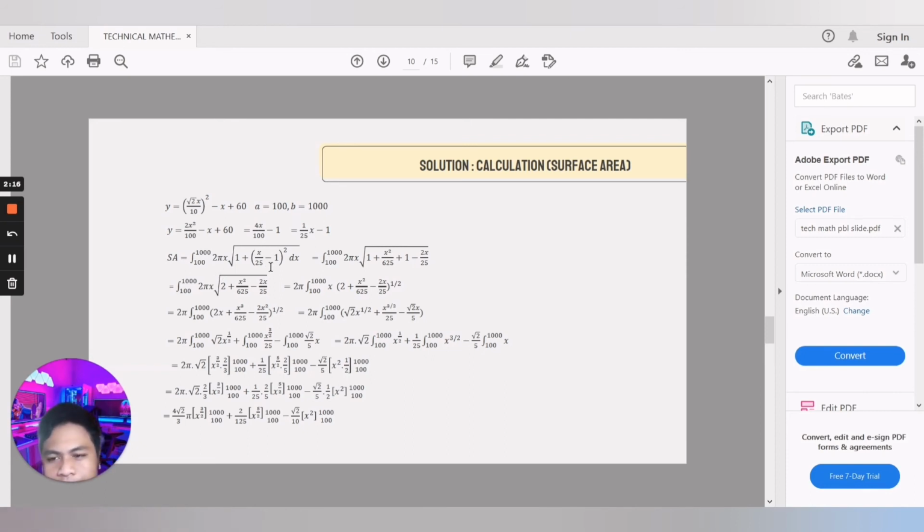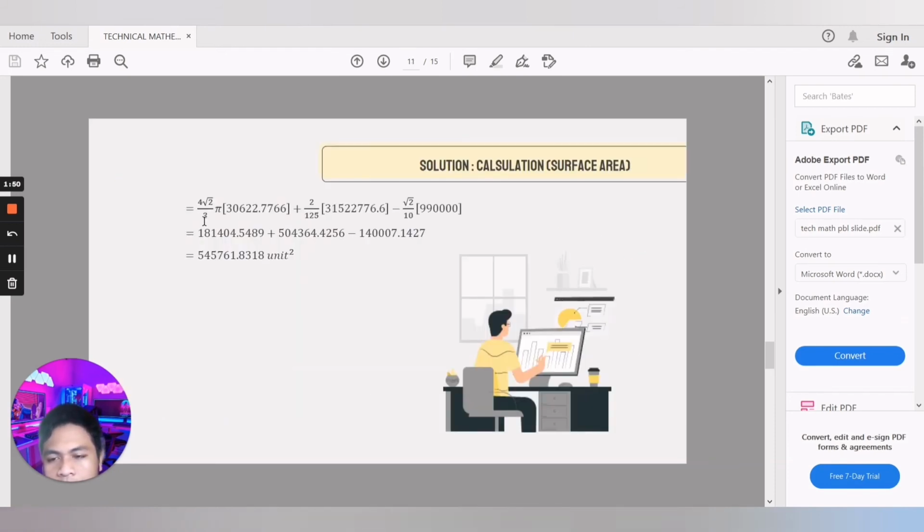Then we put it in and it becomes the integral from 100 to 1000 of 2π y times the square root of 1 plus (x/25 - 1)², and we get the answer, which is 5,576,1.8318 unit squared.